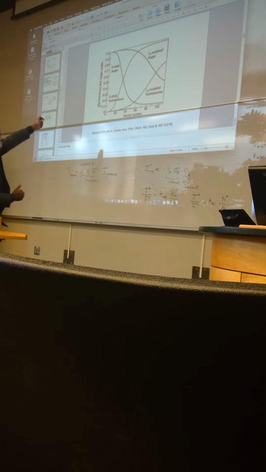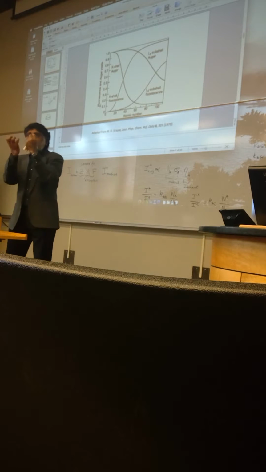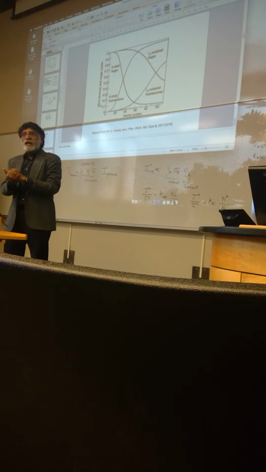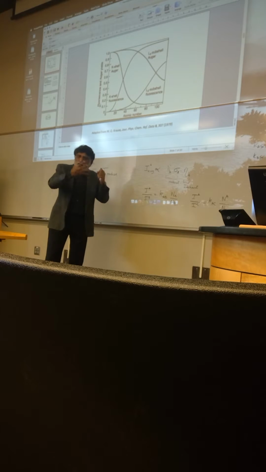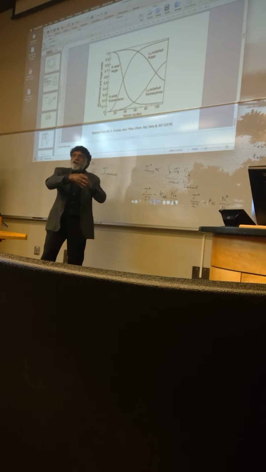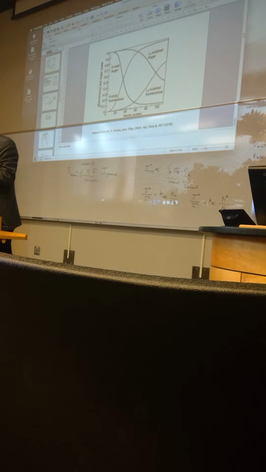It's the same thing with the L shell Auger and the L shell fluorescence. So a simple rule that you can take home is that for low atomic number elements, you have a preference for Auger, and for higher atomic number elements, you have a preference for X-ray production. Okay? So that's a rule of thumb.